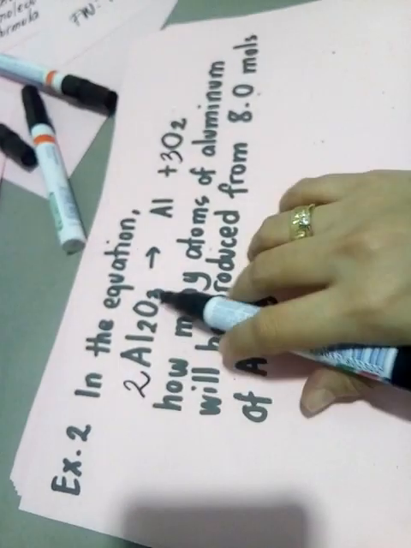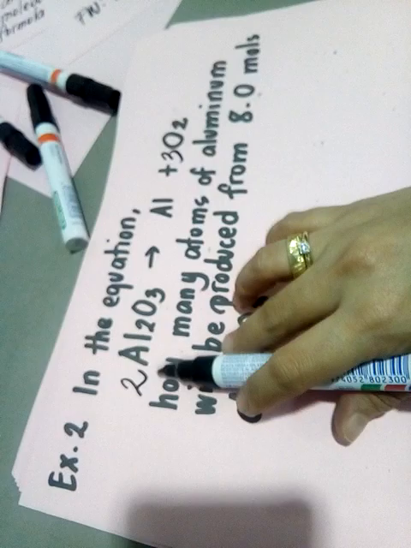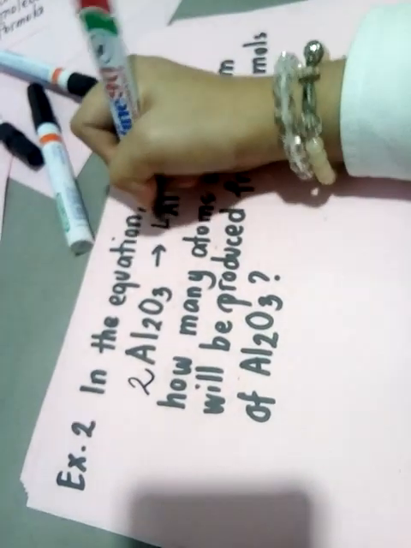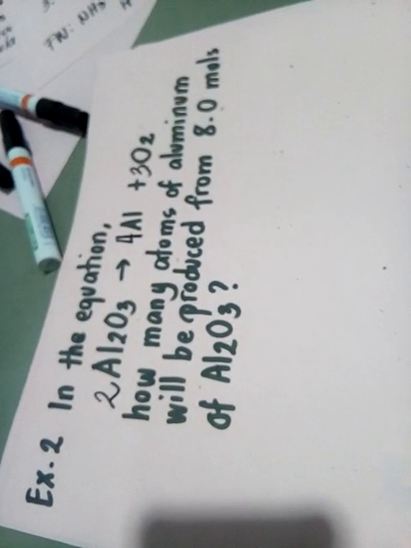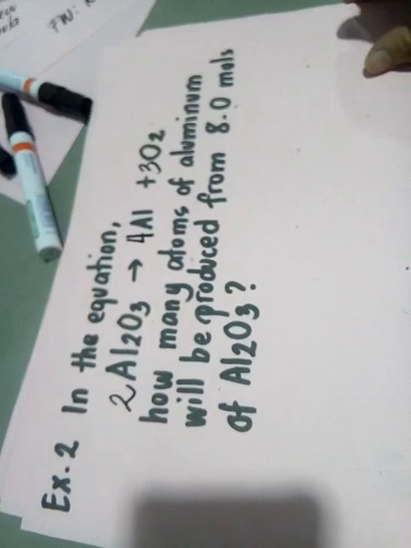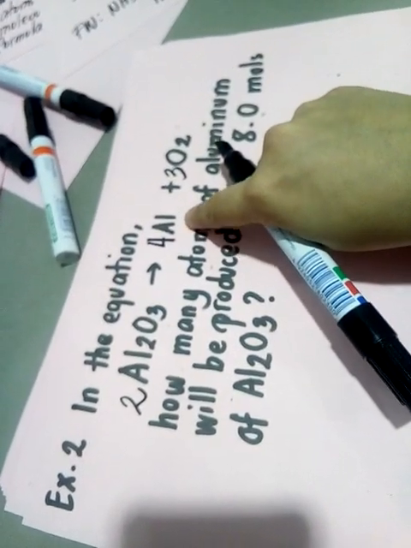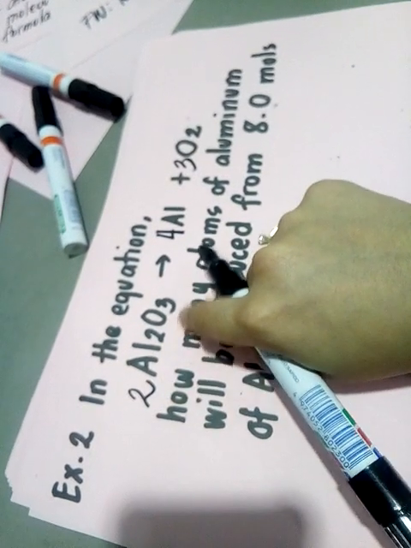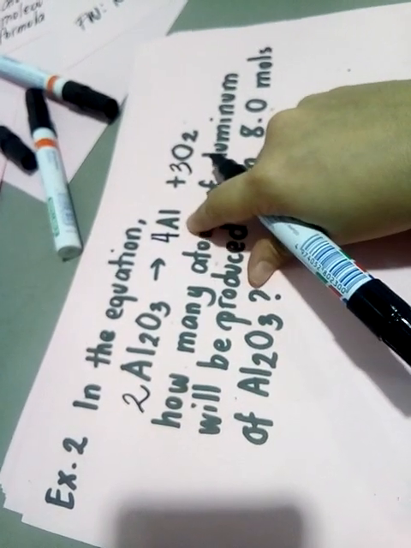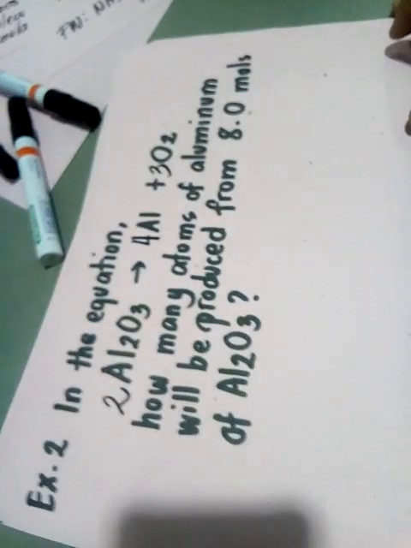We now have 6 atoms on both sides of the equation, and we put 4 beside aluminum to finally balance the equation. So 2 moles of aluminum oxide will yield 4 moles of aluminum and 3 moles of oxygen.